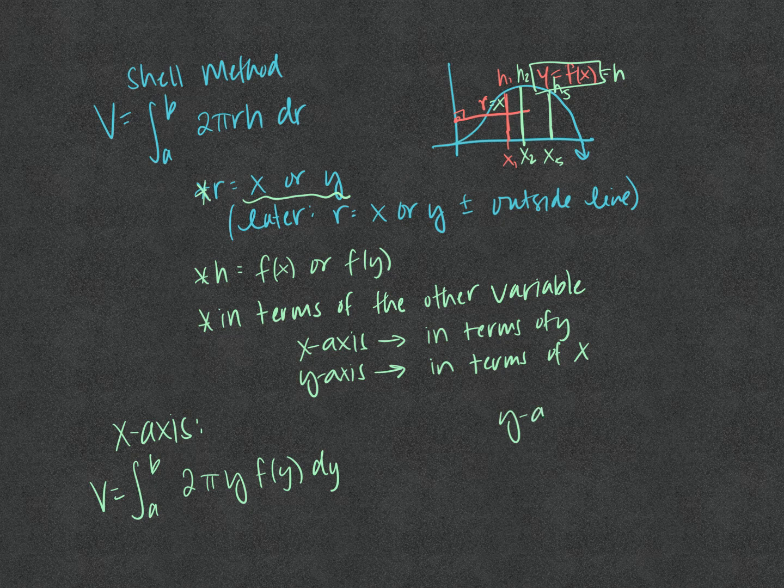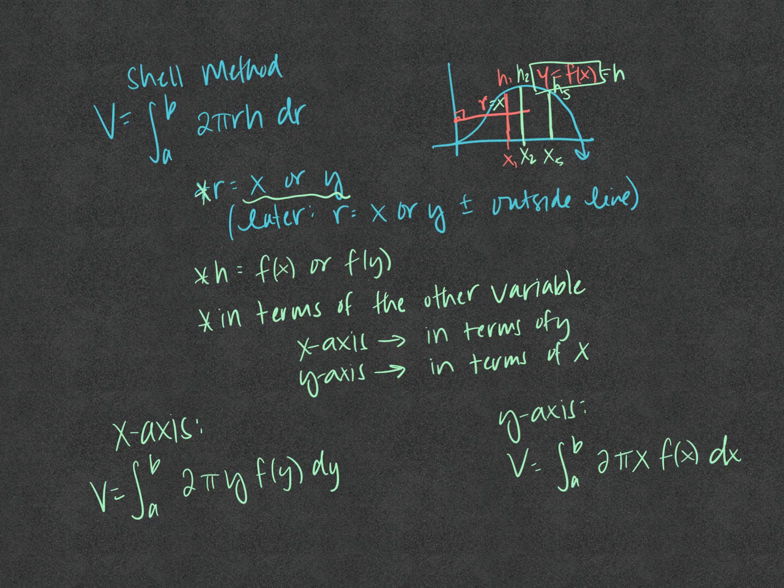And if we're going around the y-axis or parallel to the y-axis, we're going to say the volume from a to b, 2 pi x, in terms of x dx. So that's your big concepts for your shell method.